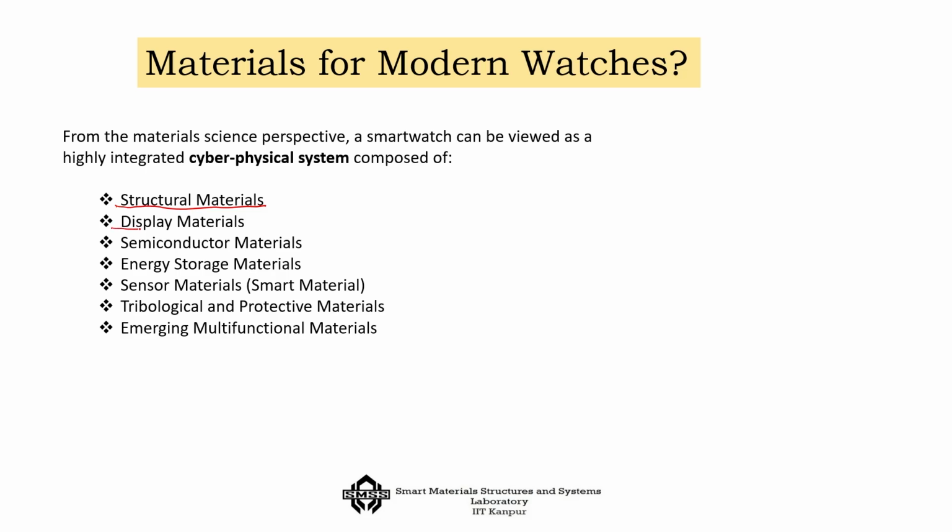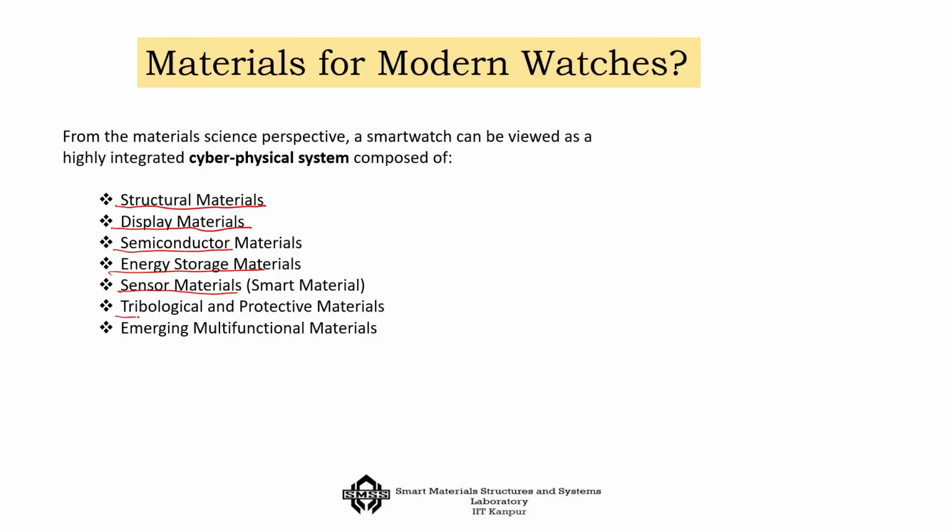Then we have a group called display material. Then, of course, we have semiconductors, we have energy storage systems, and we have sensors, because a watch now not only has to keep track of time, but also has to keep track of various body conditions. So you need sensors.